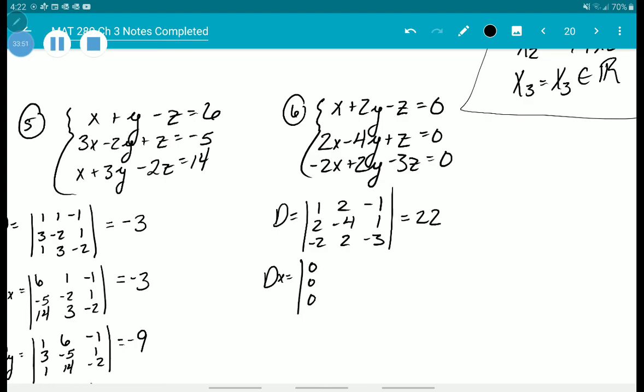Notice this is a homogeneous system because each equation is set equal to 0. I got 0.